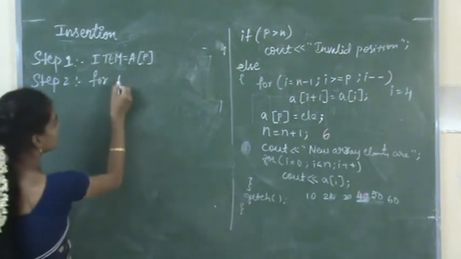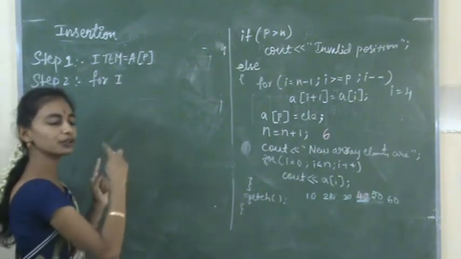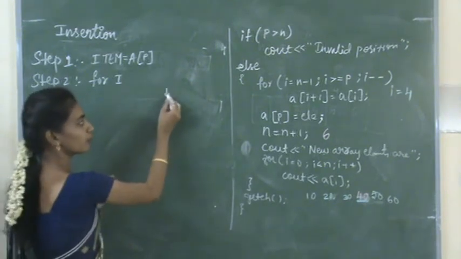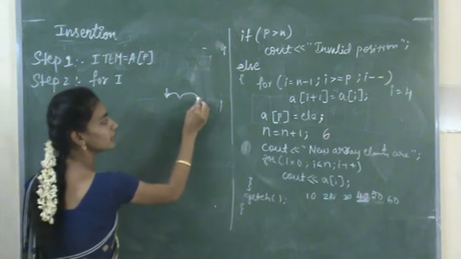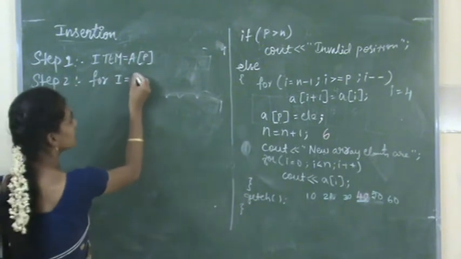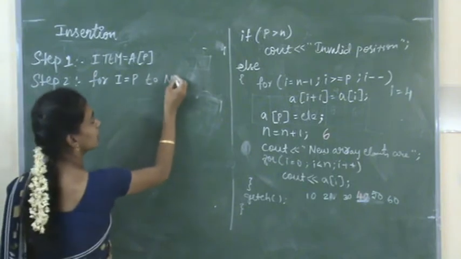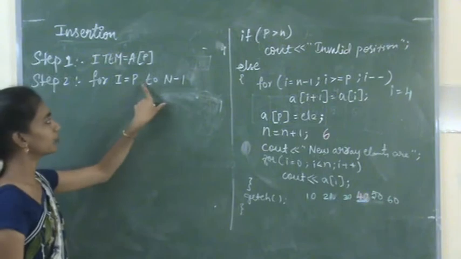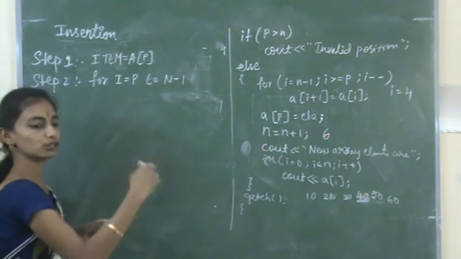From where to where do I have to shift? From the position P to n minus 1. So for I equals P to n minus 1, I have to shift.